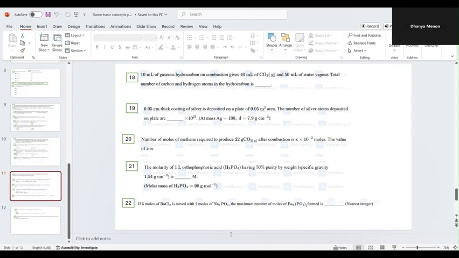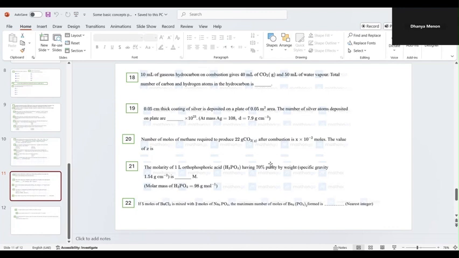The number of silver atoms deposited. So number of silver atoms. They have asked, and the density they have given as 7.9 grams per centimeter cube. Okay. So from this question, you have to tell the number of silver atoms.